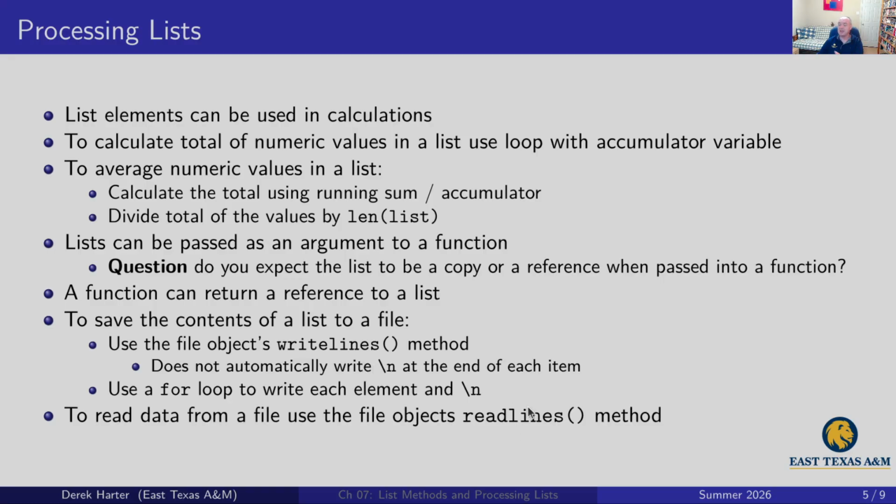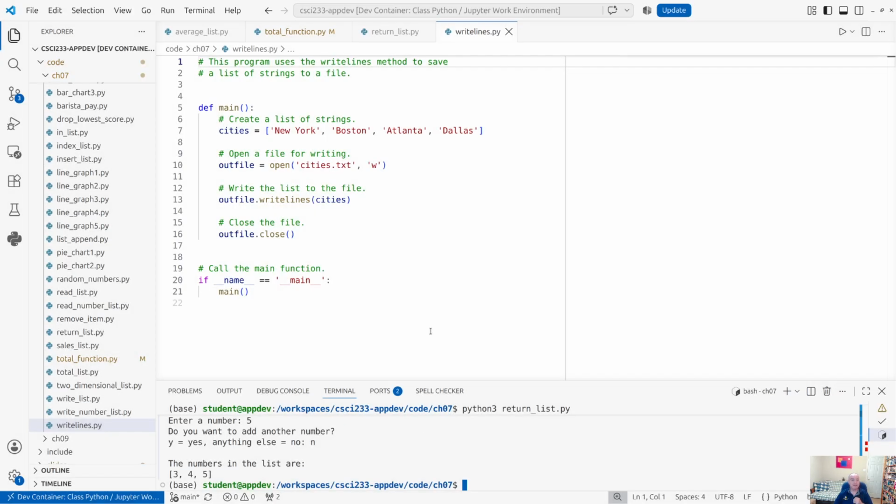Read lines has the opposite problem: it will read in all of the lines of a file and return a list for you, but it doesn't remove the new lines. So for example, if we have a list, and we open up a file and use write lines on the file with our list, it'll smush them all together because it won't put the new lines in there for you. So that might not really be what you want.